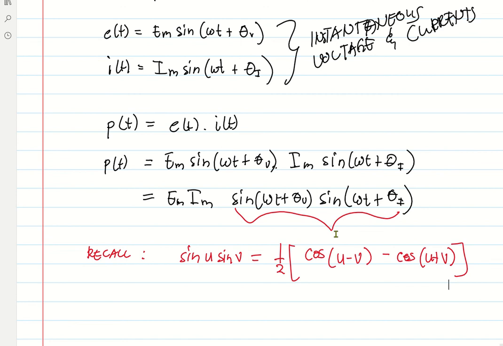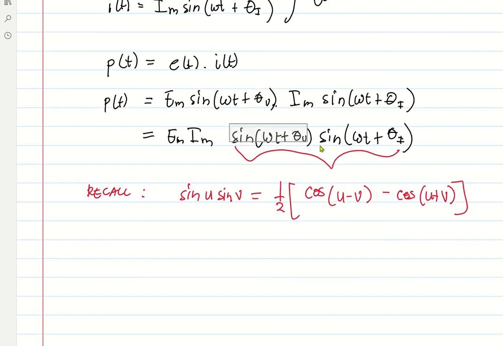This is an identity. And if you look here, it's the same, where u is equal to omega t plus theta v, and v is equal to this other angle. So if you use that, we can rewrite this into Em Im times 1/2 times cosine of u minus v.